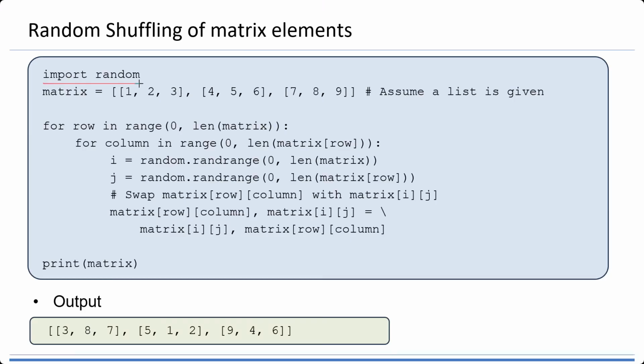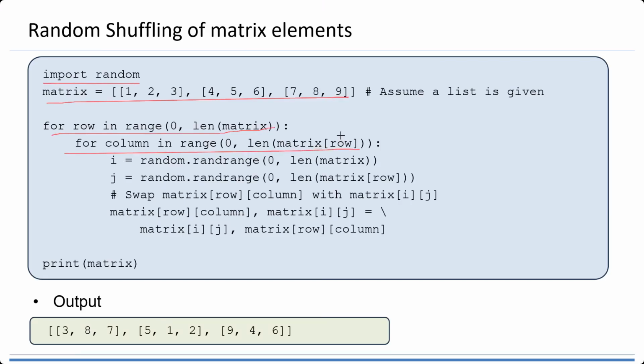At first, we can use the random function. And then let's assume we have this matrix 1, 2, 3, 4, 5, 6, 7, 8, 9. Now we have the for loop. There are two for loops.